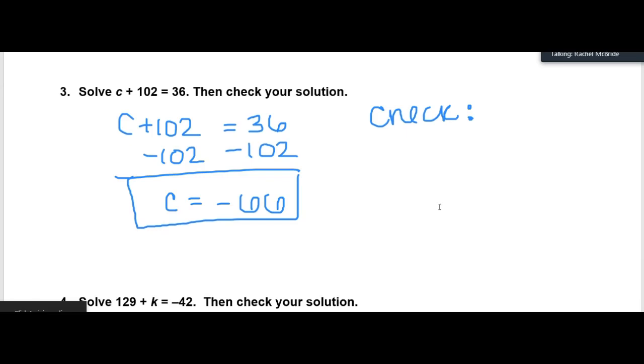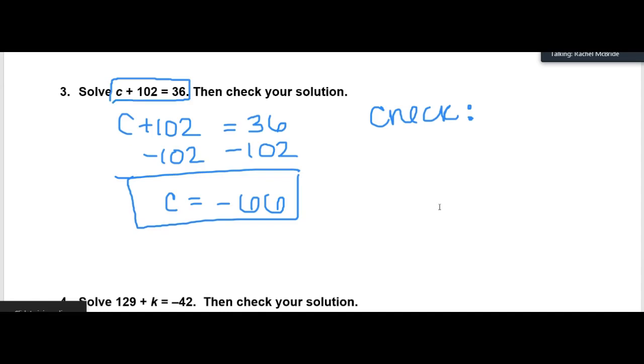No. So even if you don't agree with my c value, let's check to see why my c value is what it is. If I told you c equals negative 66, and this is your original equation, how do you substitute?